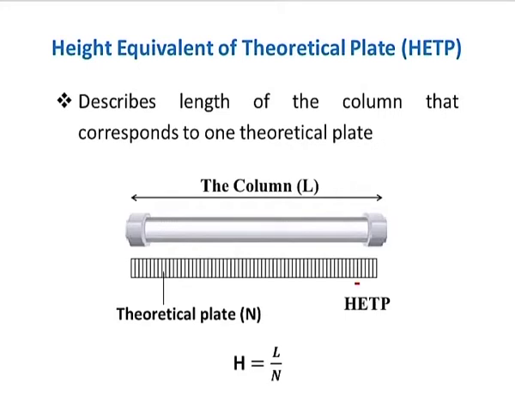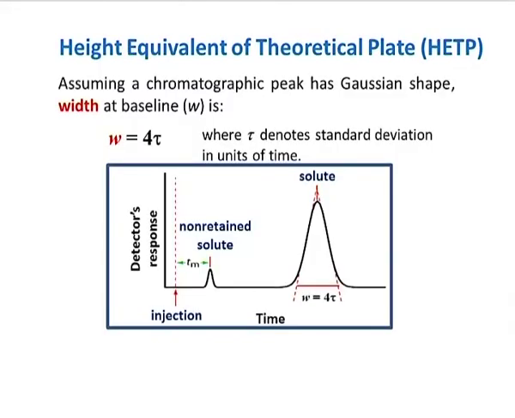We have been familiar with this chromatogram for a long time. Assuming that a chromatographic peak has a Gaussian shape which has a baseline width W, we are now going to introduce another term which is primarily connected to the Gaussian shape of the curve, and that is the standard deviation. So, W is equivalent to 4 times the standard deviation, as is shown here.